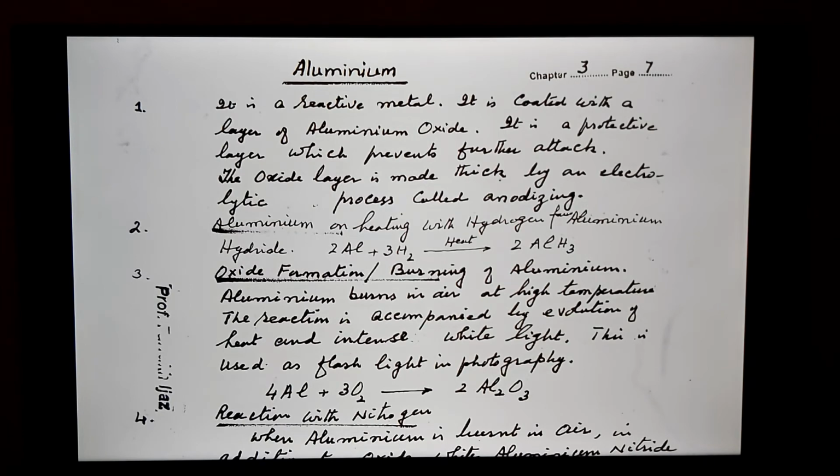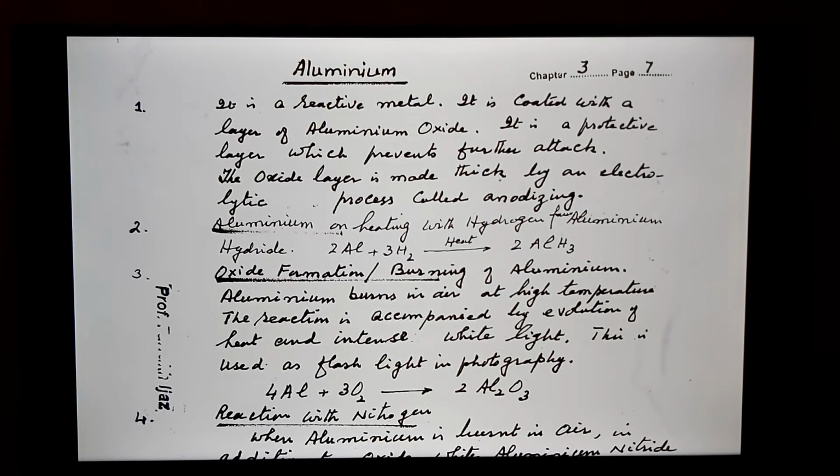This aluminium oxide is very hard and it adheres to the surface of the aluminium, so further decay of the metal is avoided. So we can say it is a protective layer which prevents further attack or wastage of the metal.